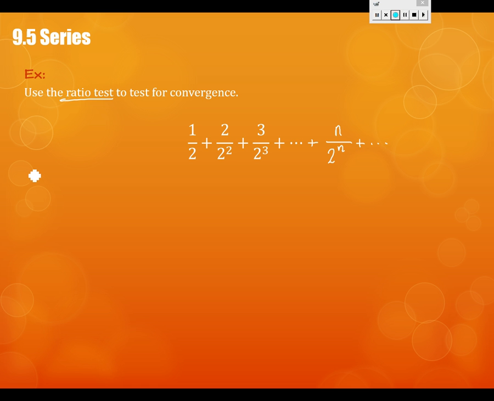Here we go. I'm going to actually compute this r value. We're going to calculate the limit of the ratio of the next term, which is n plus 1 over 2 to the n plus 1. Do you agree that that's the next term, if this currently is the current term?